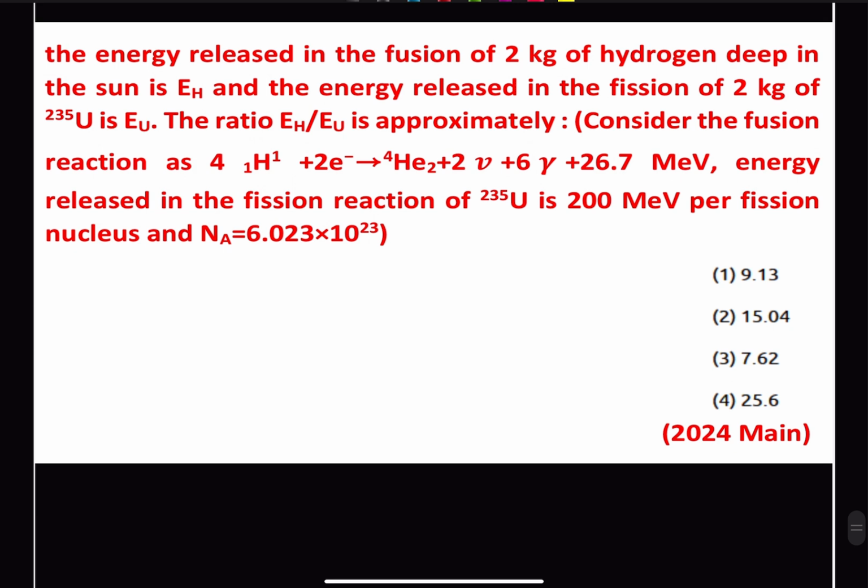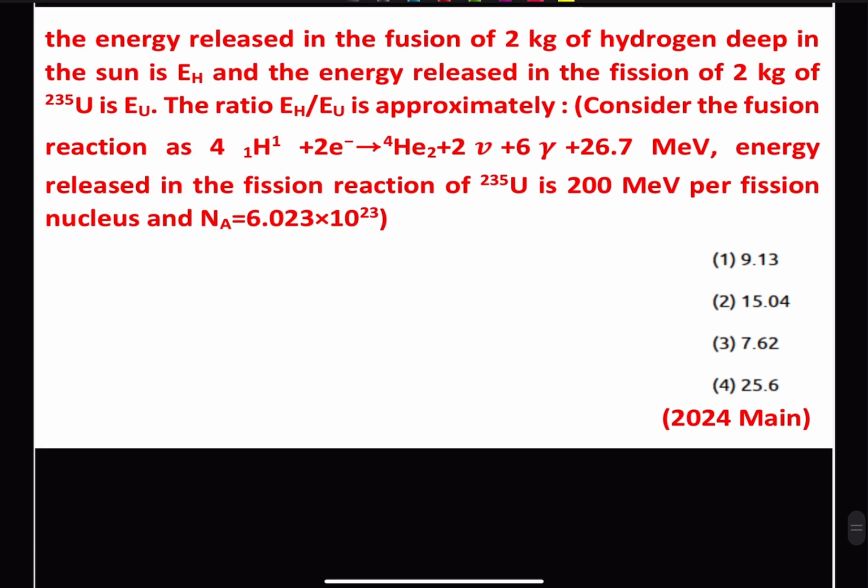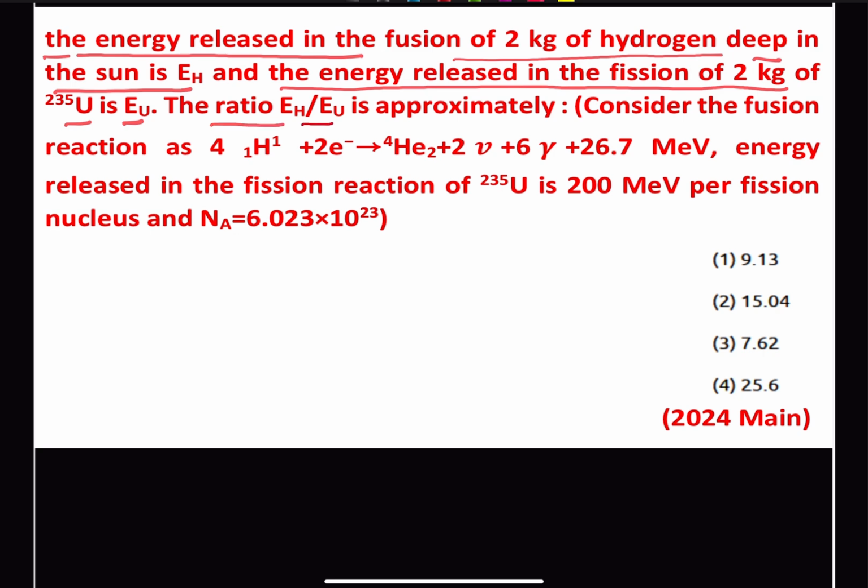Next question. We are given that the energy released in the fusion of 2 kg of hydrogen deep in the sun is EH, and the energy released in the fission of 2 kg of uranium is EU. The ratio EH to EU is approximately what? We have to find out the ratio. The fusion reaction is given to us, and the energy released per fission is also given, and Avogadro's number is also given.